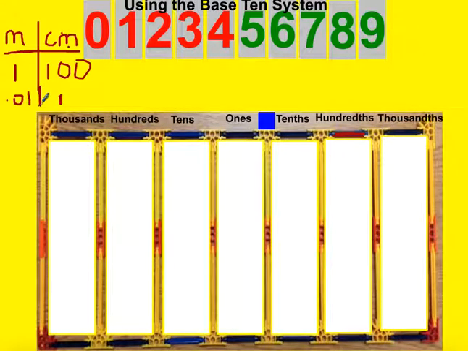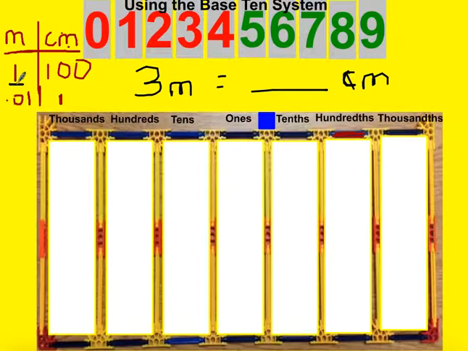Using this understanding, we can convert anything as long as we keep in mind that there are always 100 times as many centimeters in 1 meter because they're so small. So if I was to ask you a question like 3 meters equals how many centimeters, I can use my understanding that 1 meter is 100 centimeters.